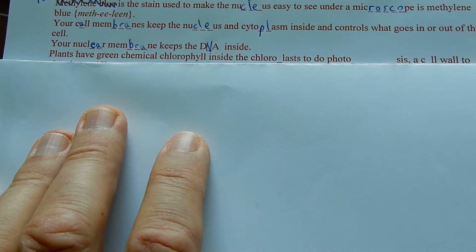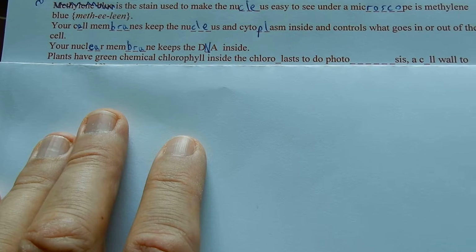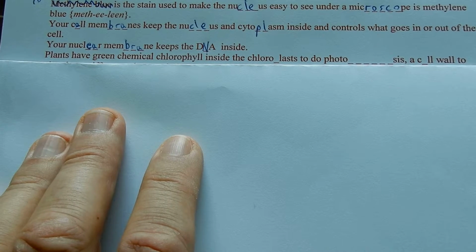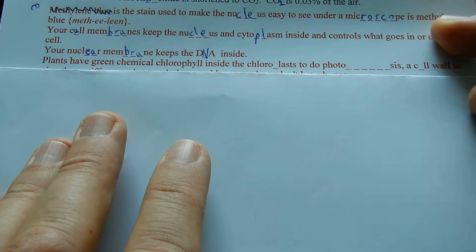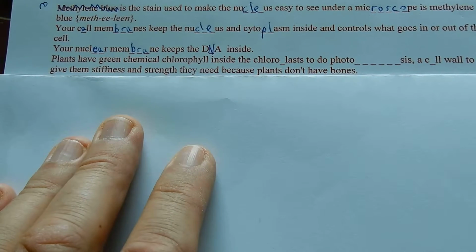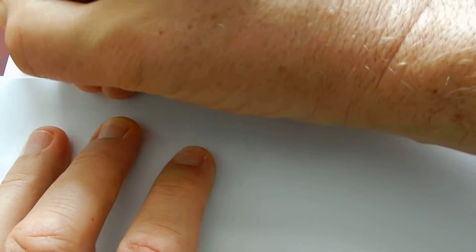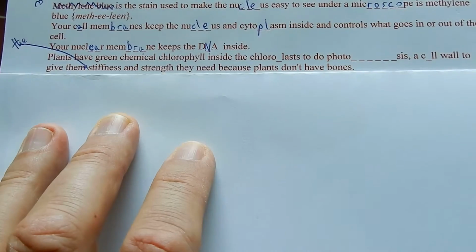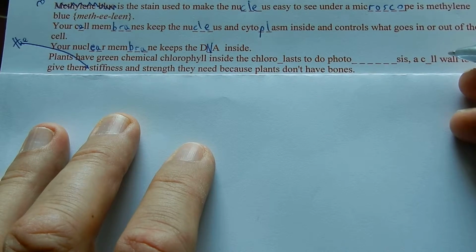Plants have green chemical chlorophyll inside the chloroplasts to do photosynthesis. A cell wall to give them stiffness and strength they need because plants don't have bones.